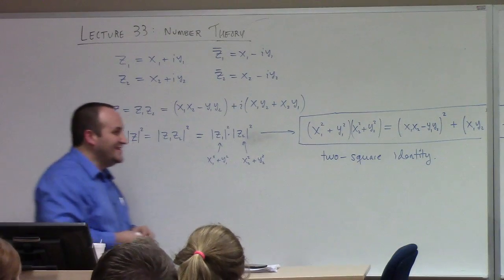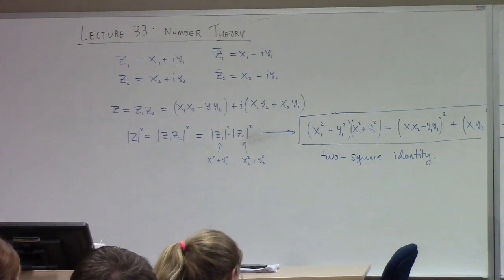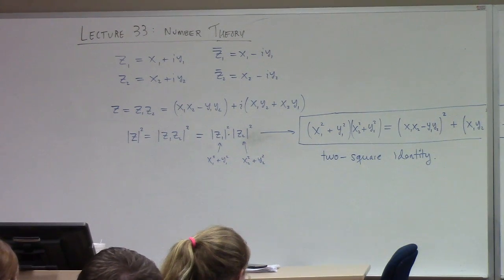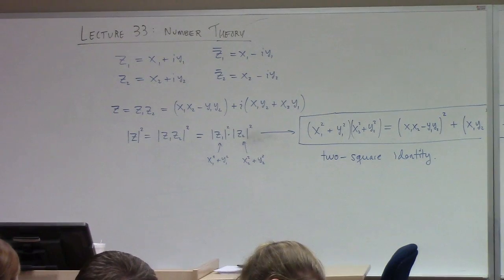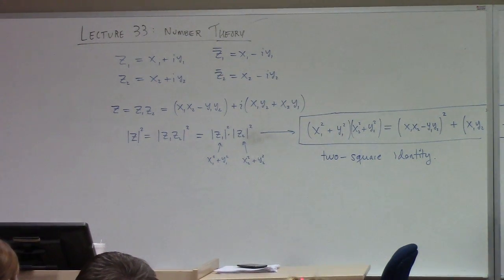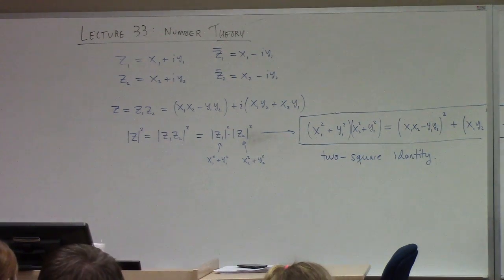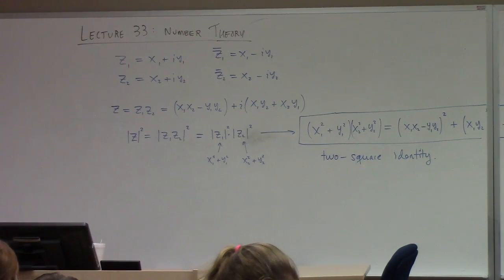Now, you might go and ask the question, can you do this for three things, right? And the answer is no, you can't. But you can do it for four things. There is, in fact, a way of multiplying x1 squared plus x2 squared plus x3 squared plus x4 squared times y1 squared plus y2 squared plus y3 squared plus y4 squared.